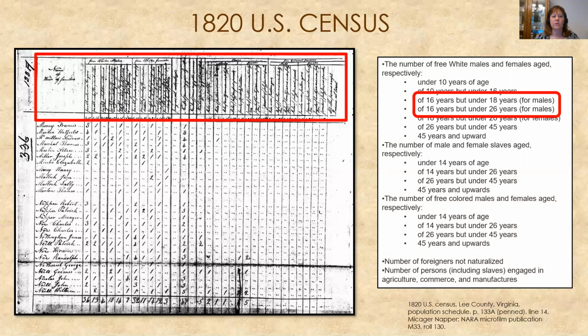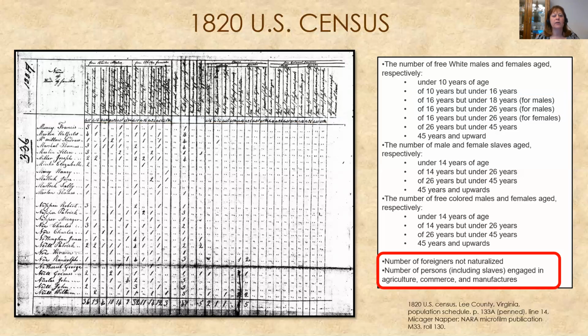But those ages were also included in the next category. So did that mean that 16 and 17-year-old males were enumerated in both categories and therefore enumerated twice? Yep. And that is a very important aspect to keep in mind when you are analyzing and counting the number of persons residing in a household from the 1820 census.